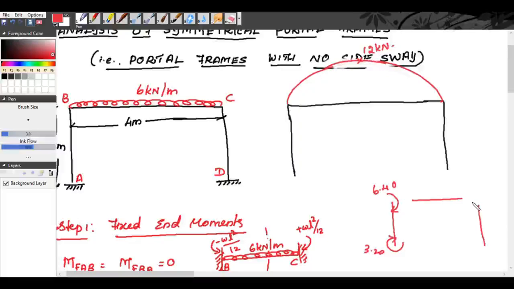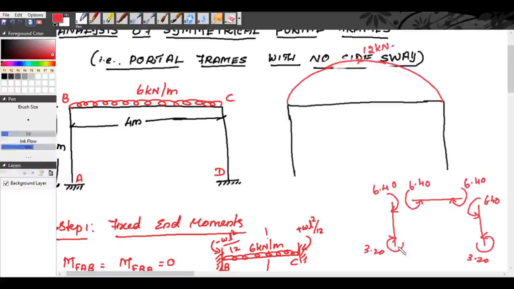For BC minus 6.40. CB it is plus 6.40. Plus means clockwise, minus means anti-clockwise. CD it is minus 6.40, so anti-clockwise. DC it is minus 3.20, so it is anti-clockwise.